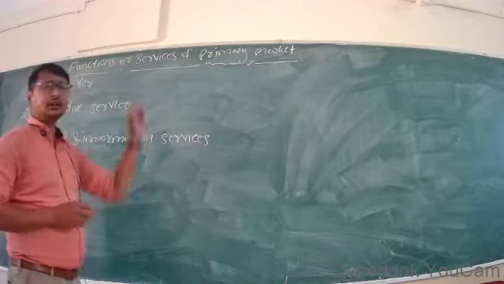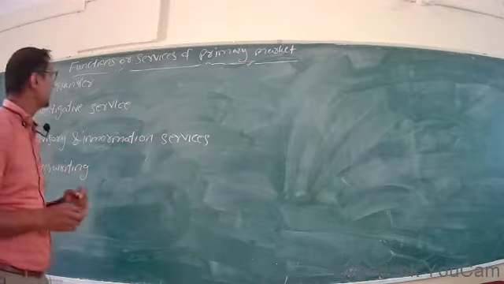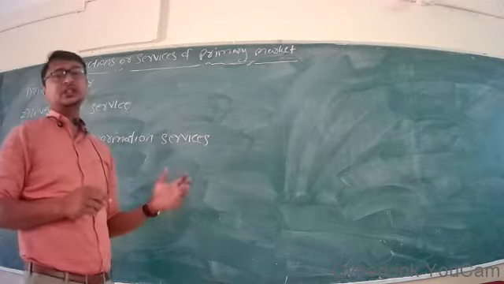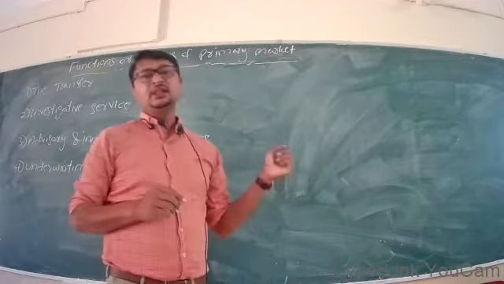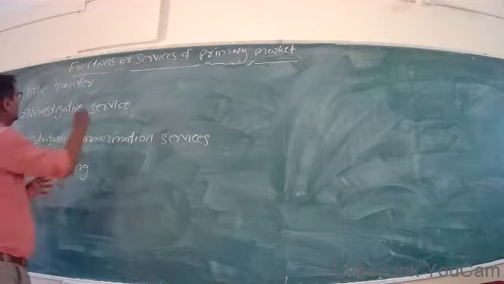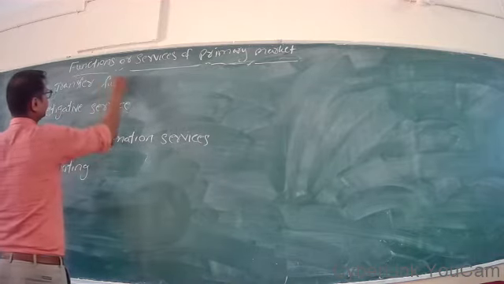Now, what are all the services this primary market provides? Services are provided to the organization as well as to the general public. Fine. So the first function is the transfer function.